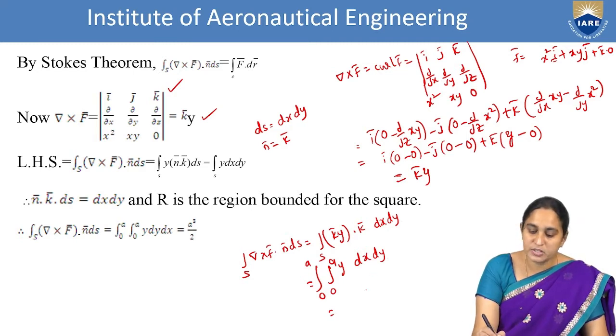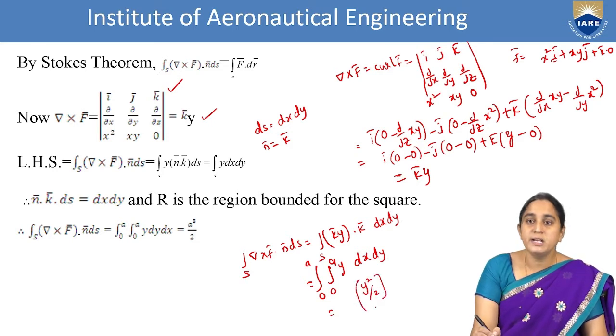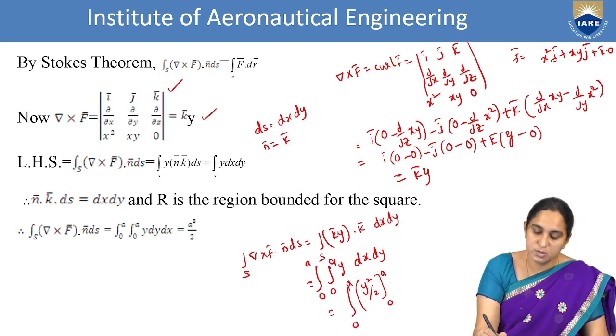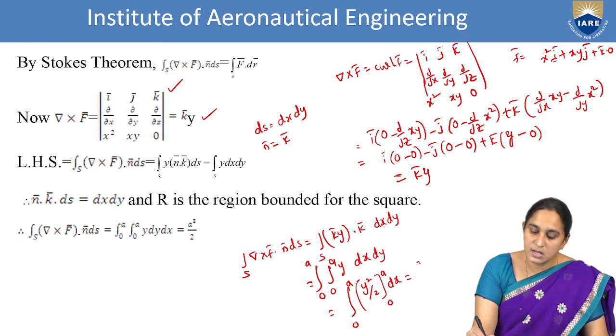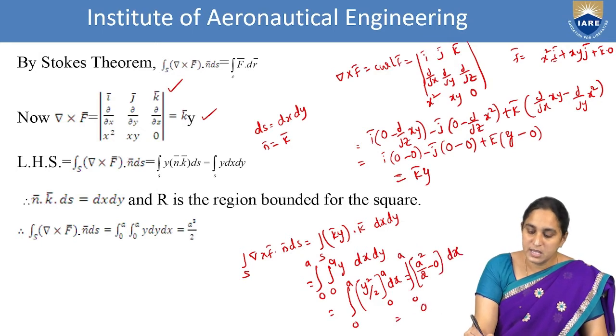First I'll integrate with respect to y, that gives y square by 2 with limits 0 to a, and then the integral from 0 to a dx. Then substituting, a square by 2 minus 0, integral 0 to a dx. That is a square by 2 into dx, integral 0 to a.